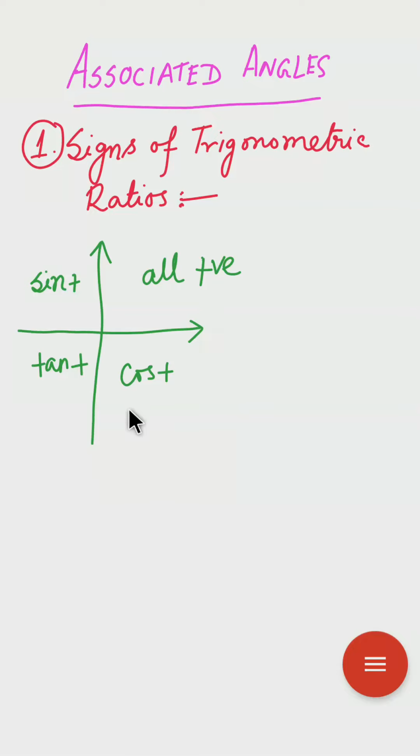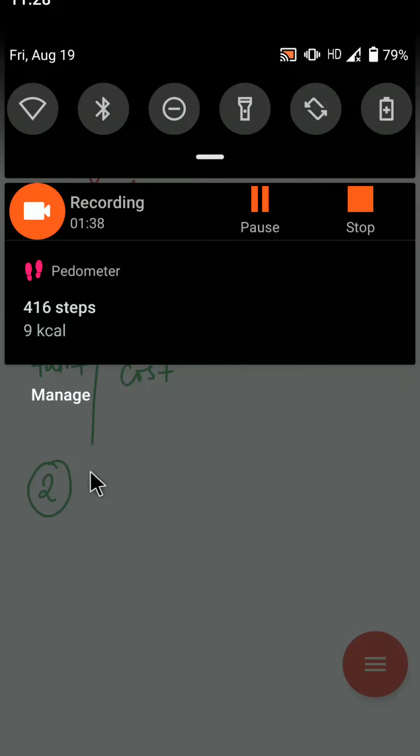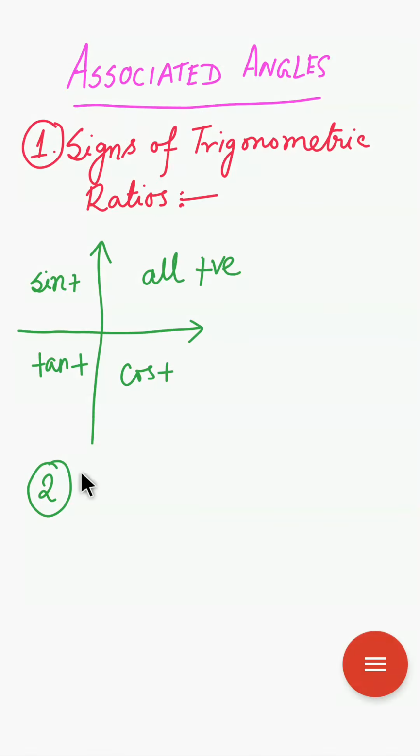Now, we are going to move on to the second topic, where we are going to find out the values of the different trigonometric ratios of different associated angles. So let's find out the trigonometric ratios of minus theta.